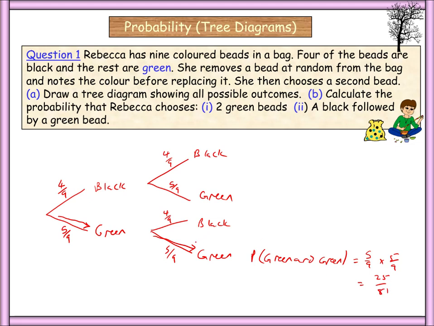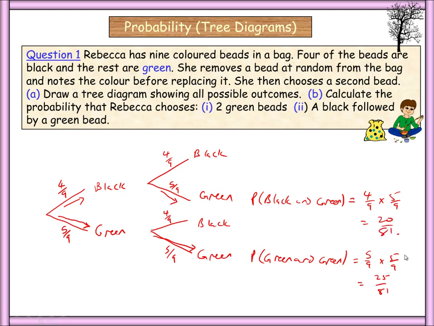And the second one is probability of a black bead and then a green bead. So it's there, probability of black then green. That's equal to 4 out of 9 times 5 out of 9, which is 20 out of 81.